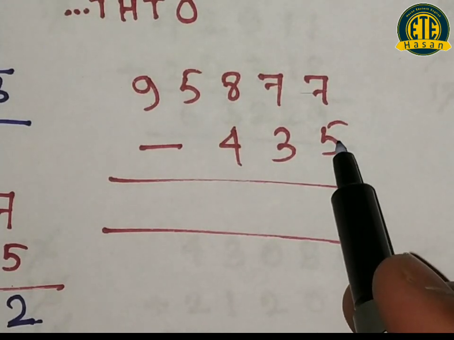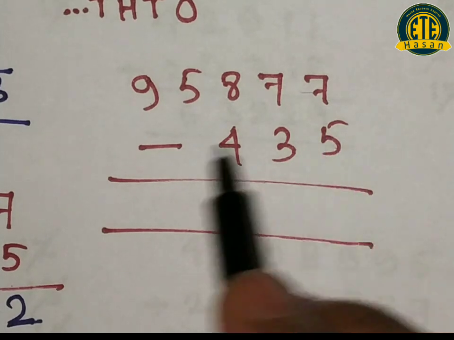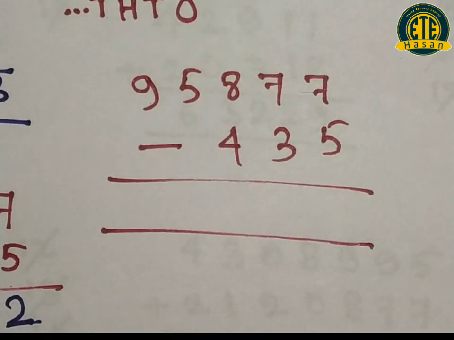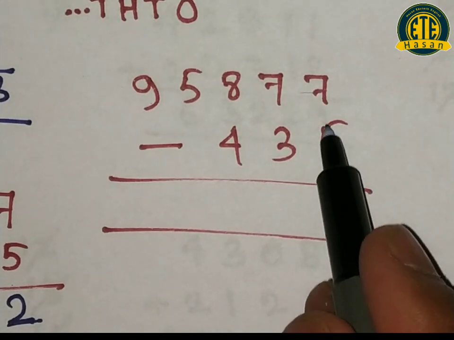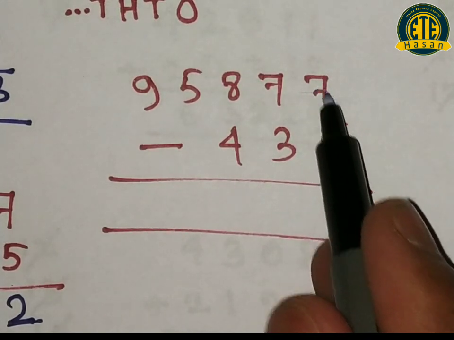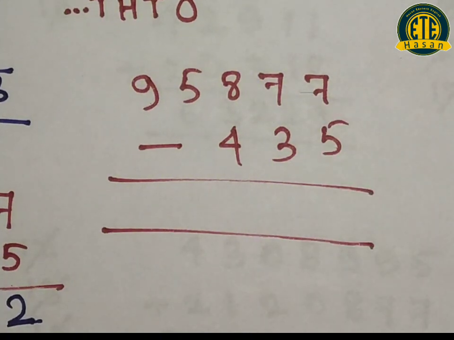Don't make a mistake here. As in earlier classes I also taught you, don't keep the ones place empty. If you keep the ones place empty in any row, definitely your answer will be wrong.